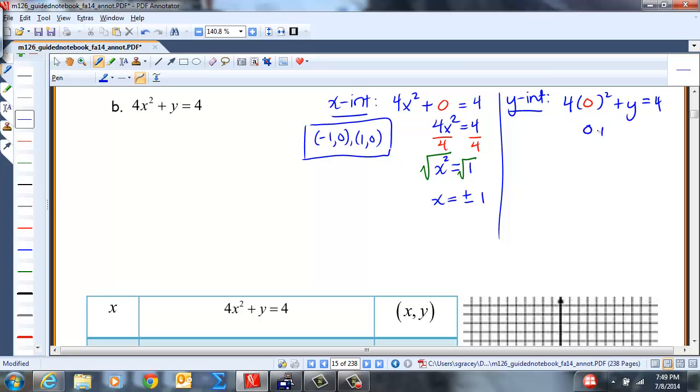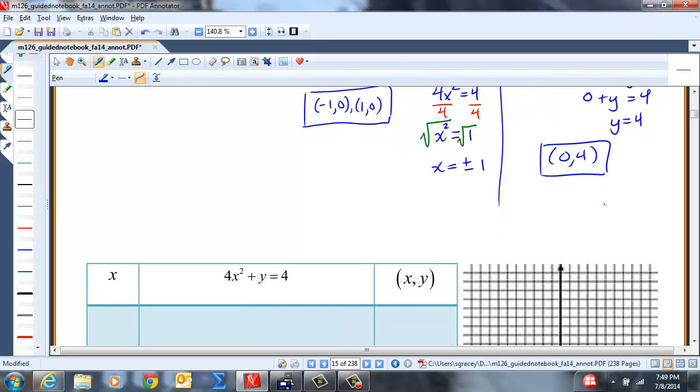So this all zeroes out. So y will equal 4. So our y-intercept will be at 0, 4. So let's get a few more ordered pairs and take a look at what we've got going on.